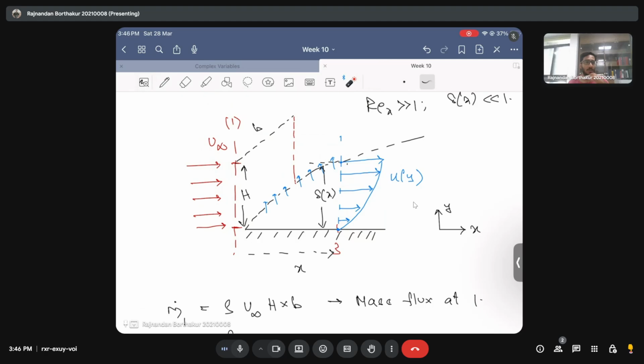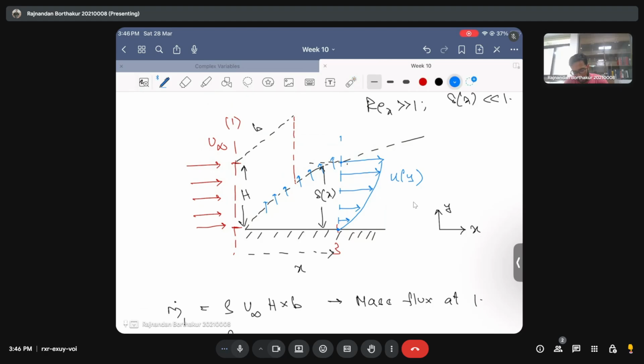Which means along the boundary layer, there is a little bit of mass, not much so long as your Reynolds number is very high. Although it is not a very high quantity, there is still a little bit of mass that is moving through the demarcating region between the viscous and the non-viscous zone.